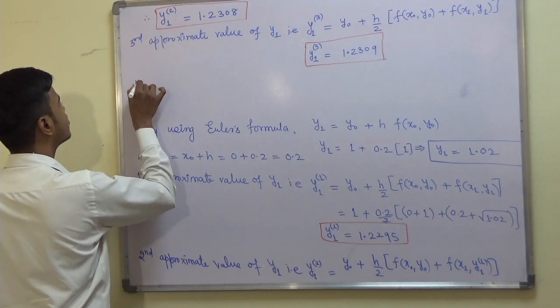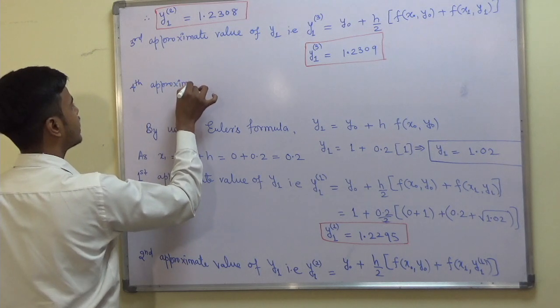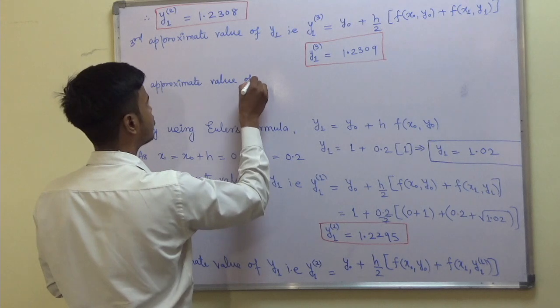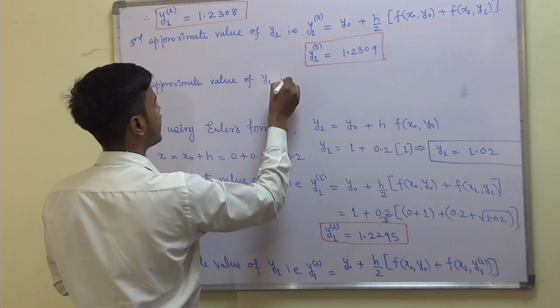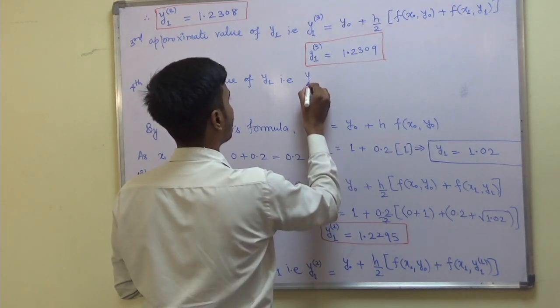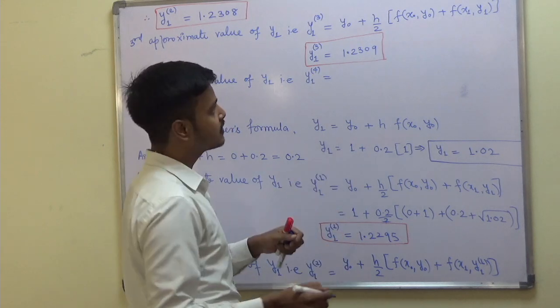Fourth approximate value of y1, that is y14 is equal to, what are you going to write?